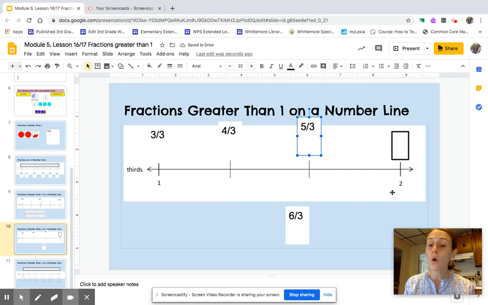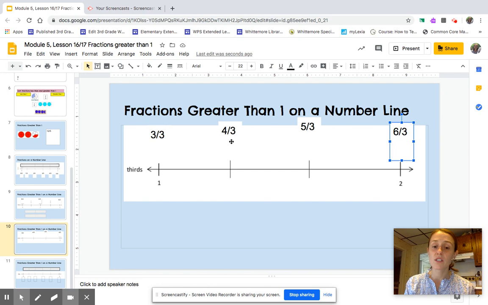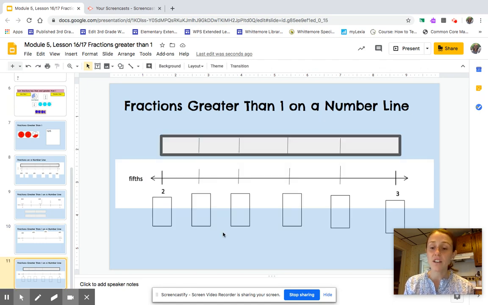And 2 whole pieces would become 6/3. Nice job. So we've gone from 3/3 to 4/3 to 5/3 to 6/3. This one we had to be really careful and pay attention because our number line did not start at 0. It started at 1.